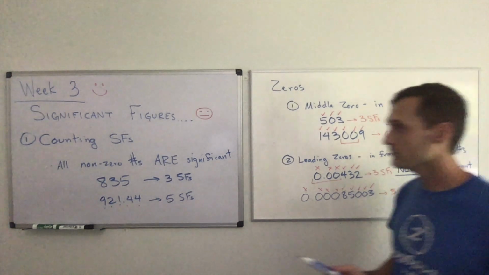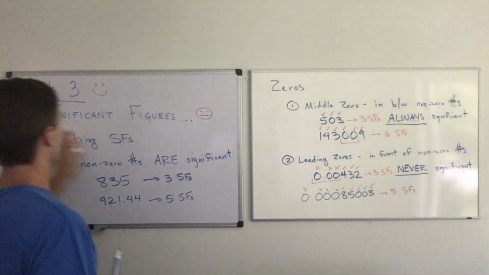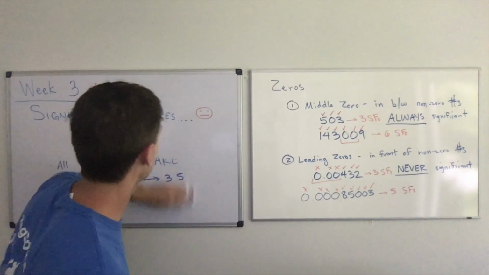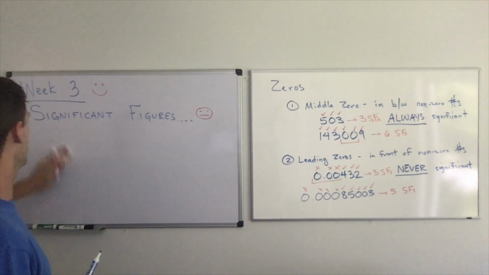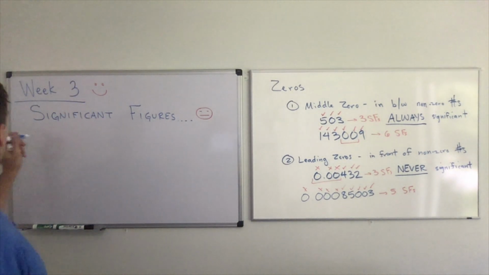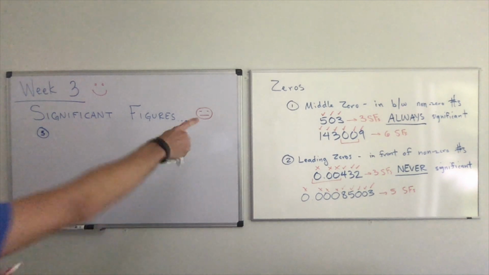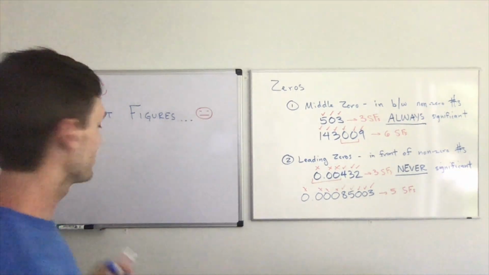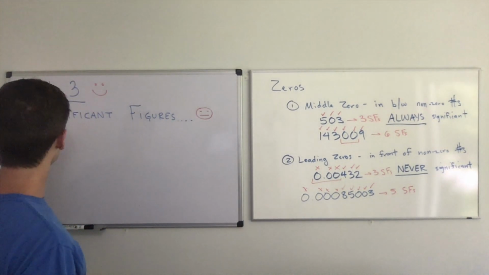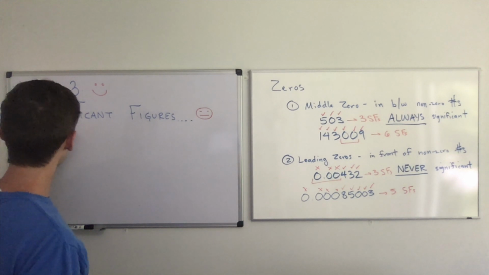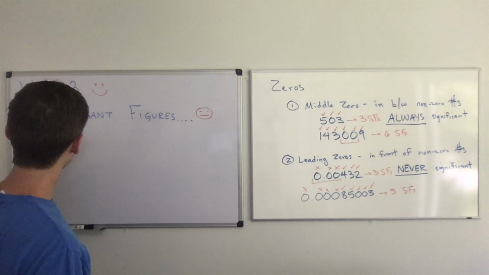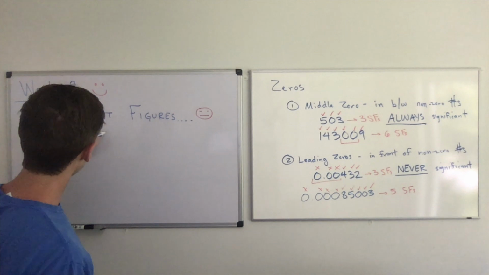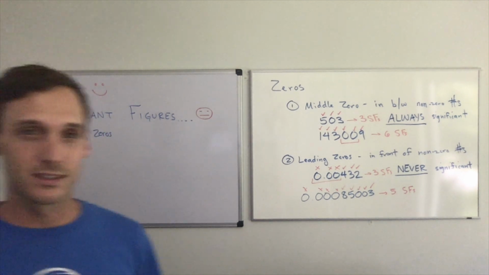Okay? And then we come to our last type of zero. So we have middle zeros, leading zeros. Maybe you can guess what this one's going to be. I call them trailing zeros.